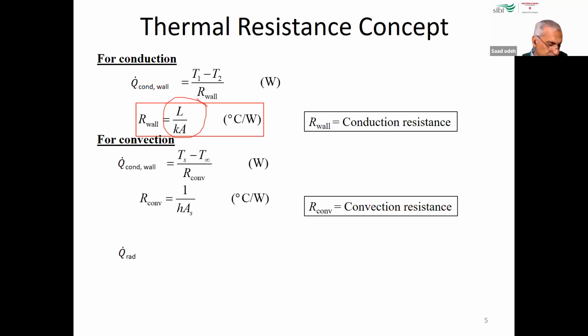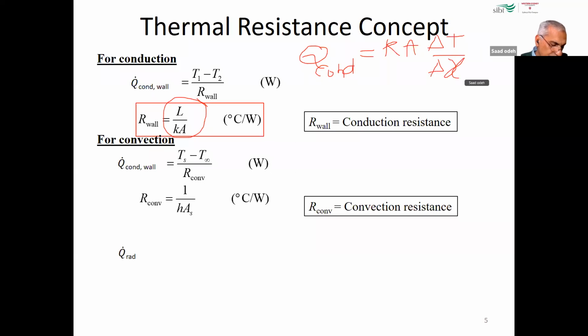And how did you find this? Remember, we said Q dot in conduction is kA dT by dx.